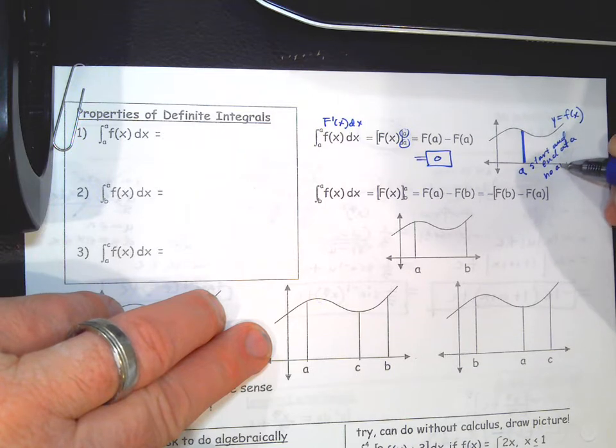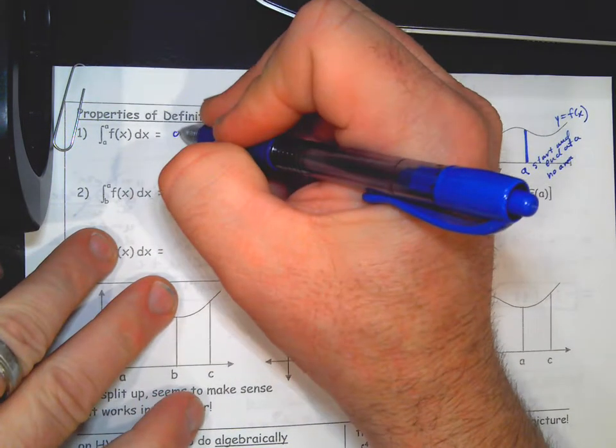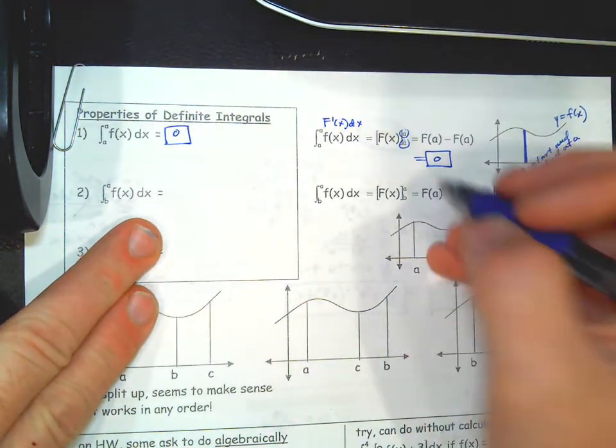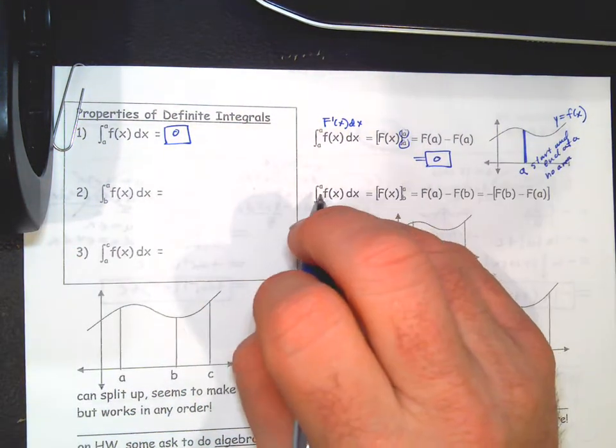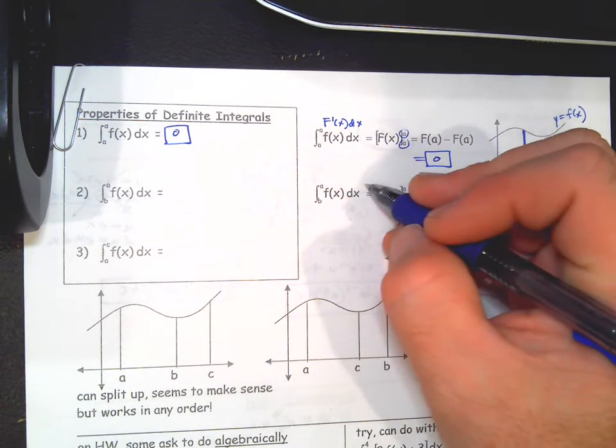No area, right? If you integrate from one point to the same point, of course it's going to be 0. That totally makes sense. That's an easy one, right? 0.